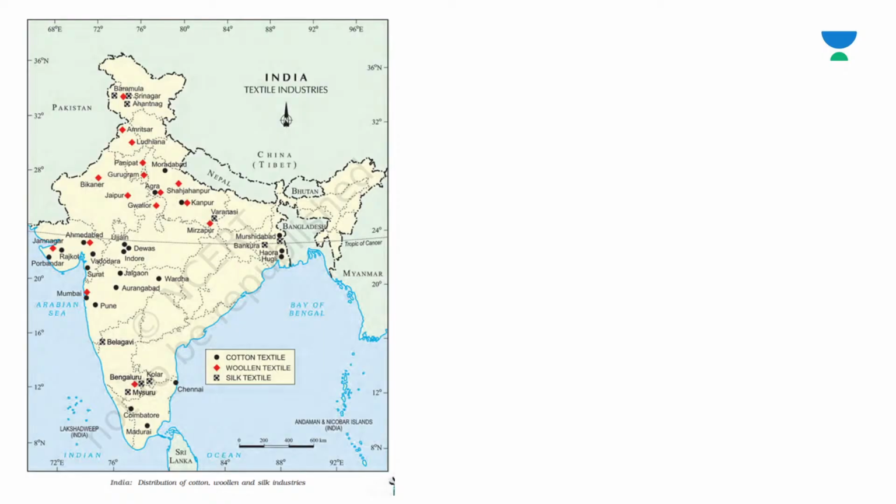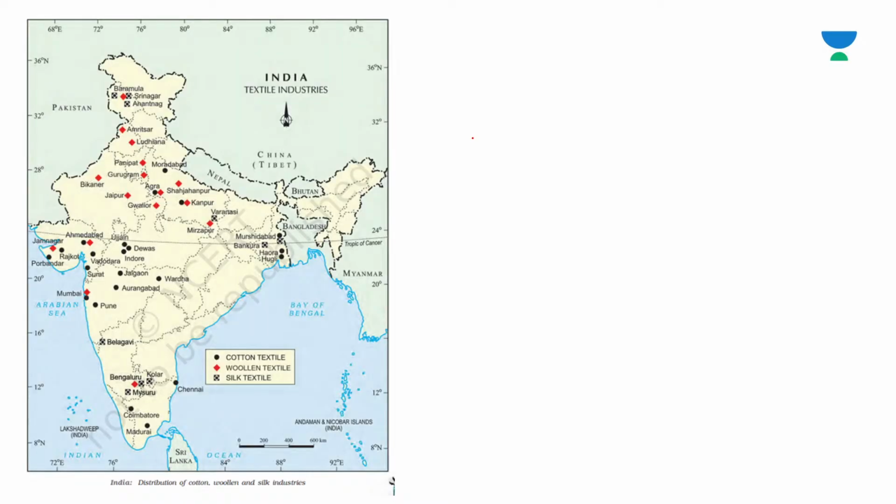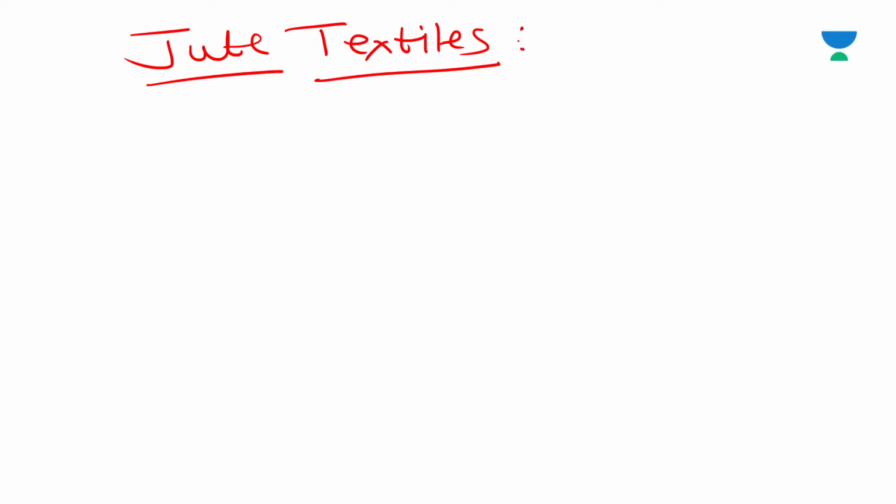Now, friends, let's start with jute textiles. India is the largest producer of raw jute and jute goods and stands second place as an exporter after Bangladesh.